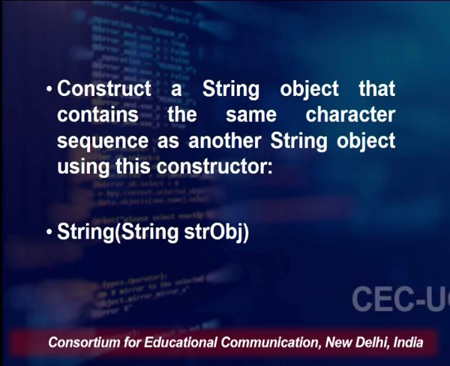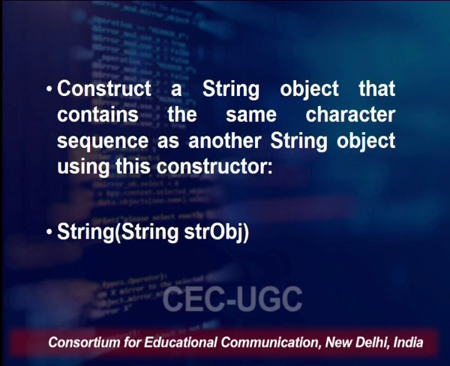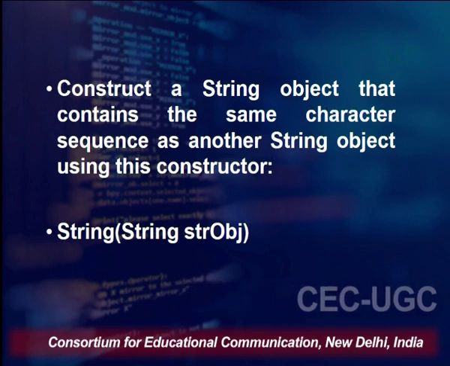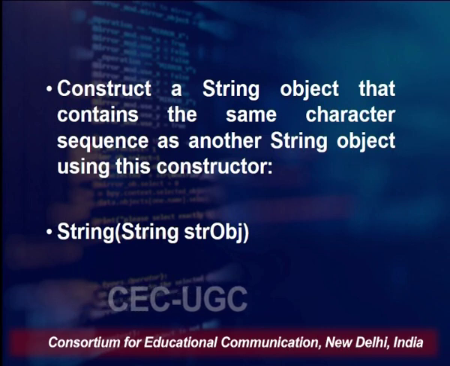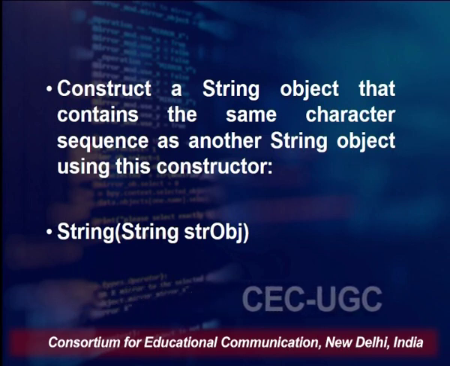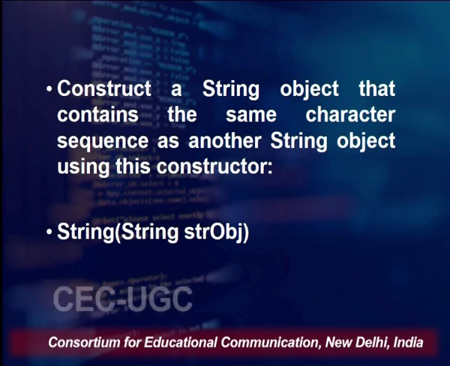Another way of creating a string object is making a copy, in the sense that it contains the same character sequence as any other string object, and that string object is passed inside the parameters of the constructor. So, here we are actually overloading the constructor.